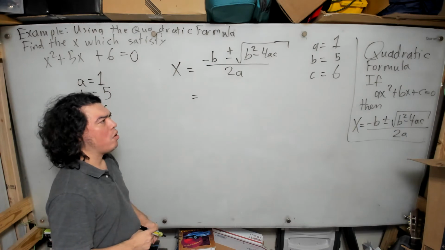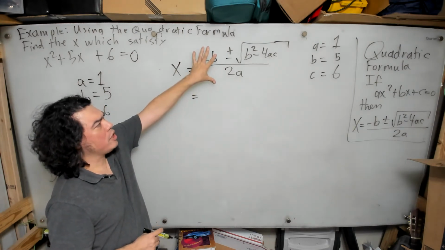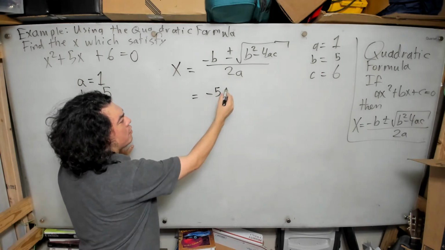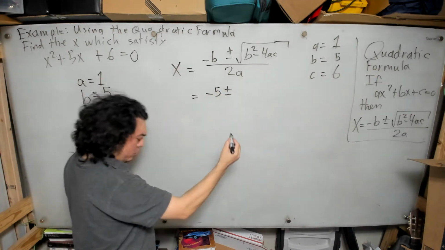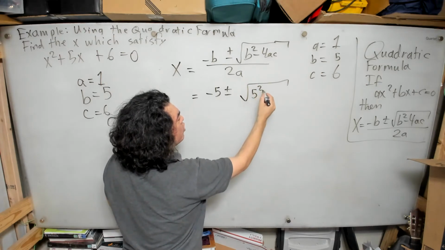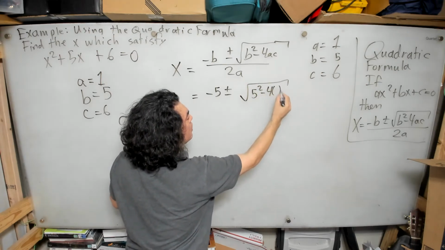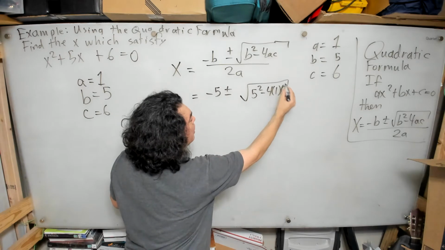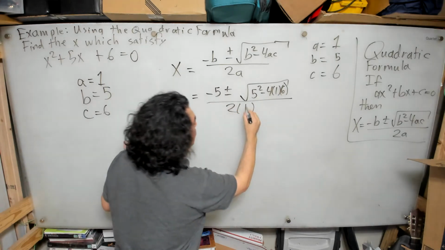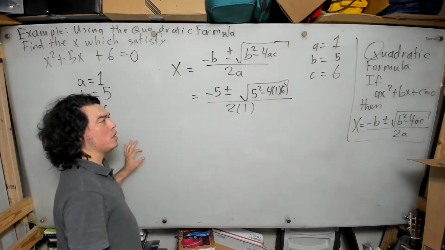Okay, so now I'm going to start plugging in the numbers, okay? So I have -5 plus or minus the square root of 5 squared minus 4 times a times c all over 2 times a, which is 1.